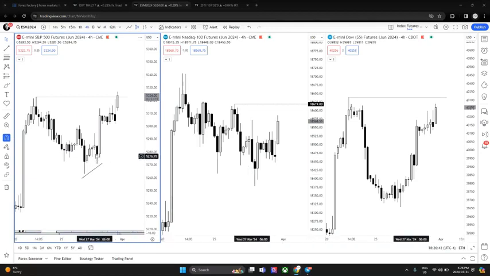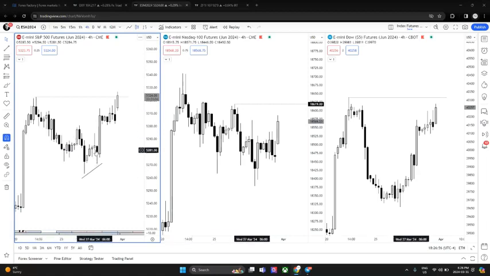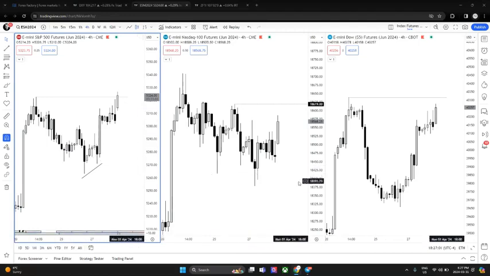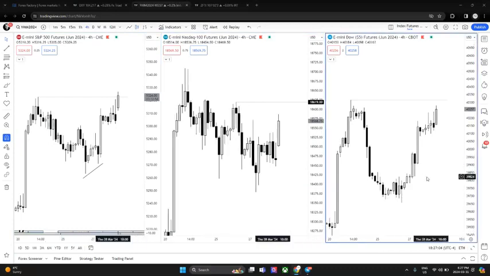Remember that normally the asset class which forms the failure swing will expand more. And we saw that happen right here. And we expected price to basically reverse on Thursday, but it happened on Wednesday. Just close enough, right? Then here we had SMT again.